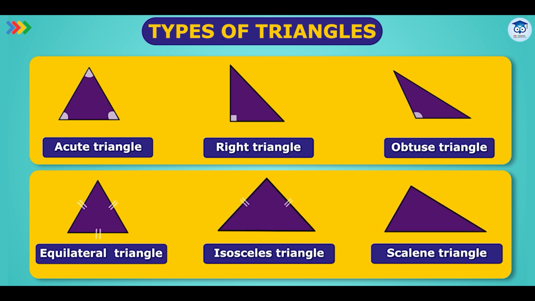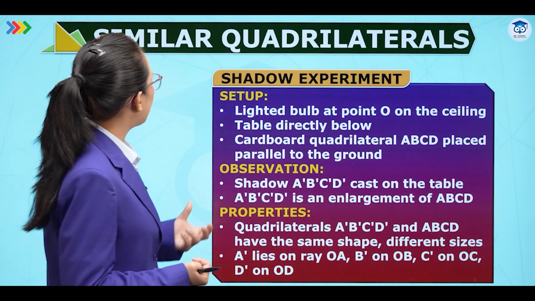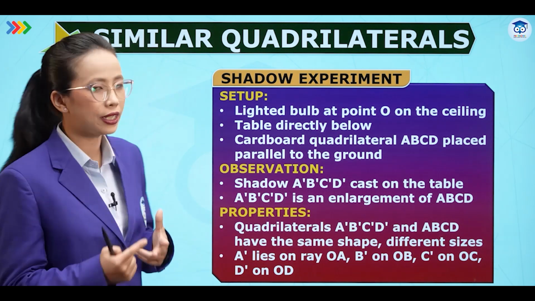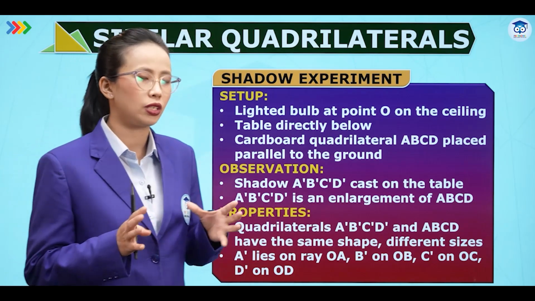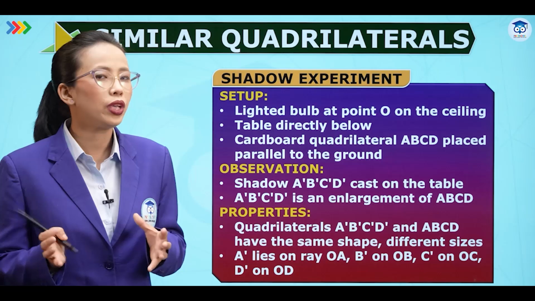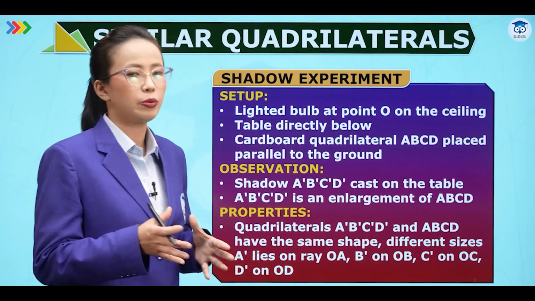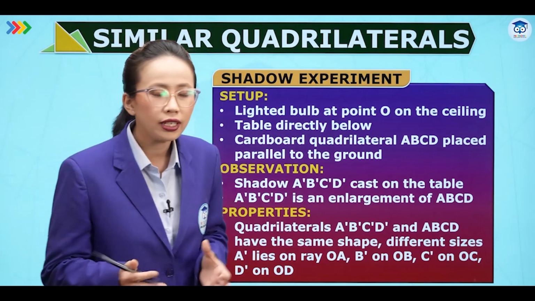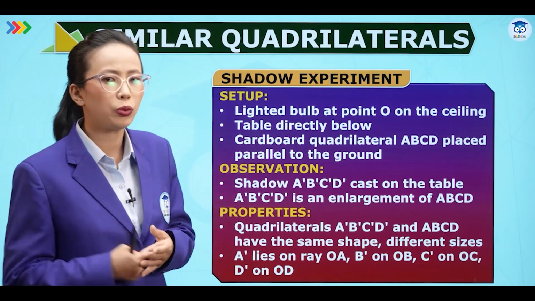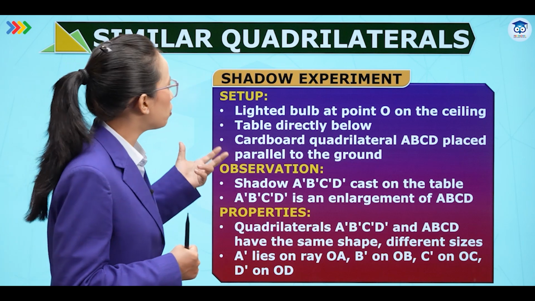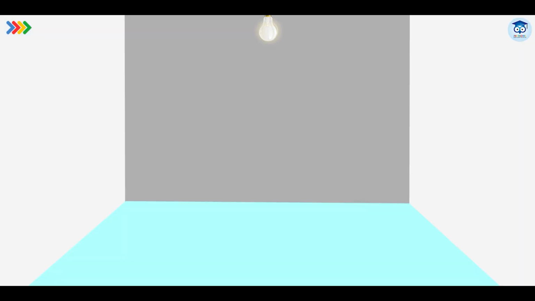Okay, so next we have similar quadrilaterals. Similar quadrilateral means, if you cast the shadow of some object, we know that the shadow is similar to the object, right? Yes or no? So yes, in the shadow experiment, first the setup we require is a lighted bulb at point O on a ceiling.